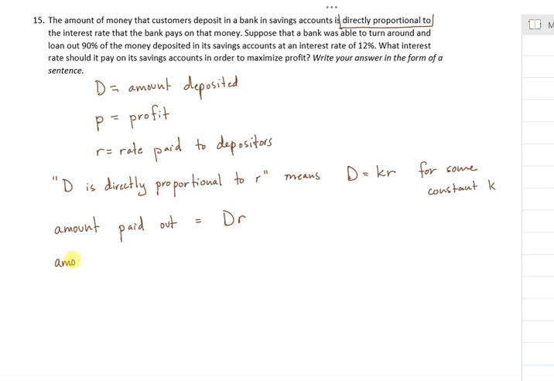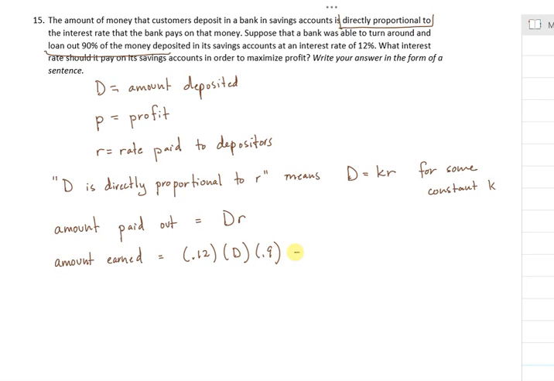And the amount earned is 12% times the amount deposited, but I'm only loaning out 90% of the money, so it's 0.9.